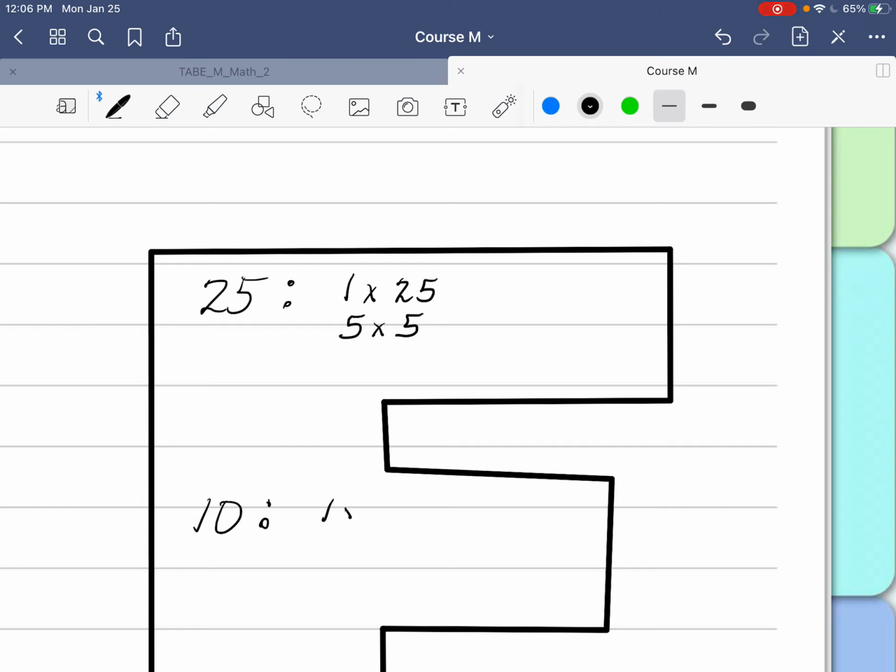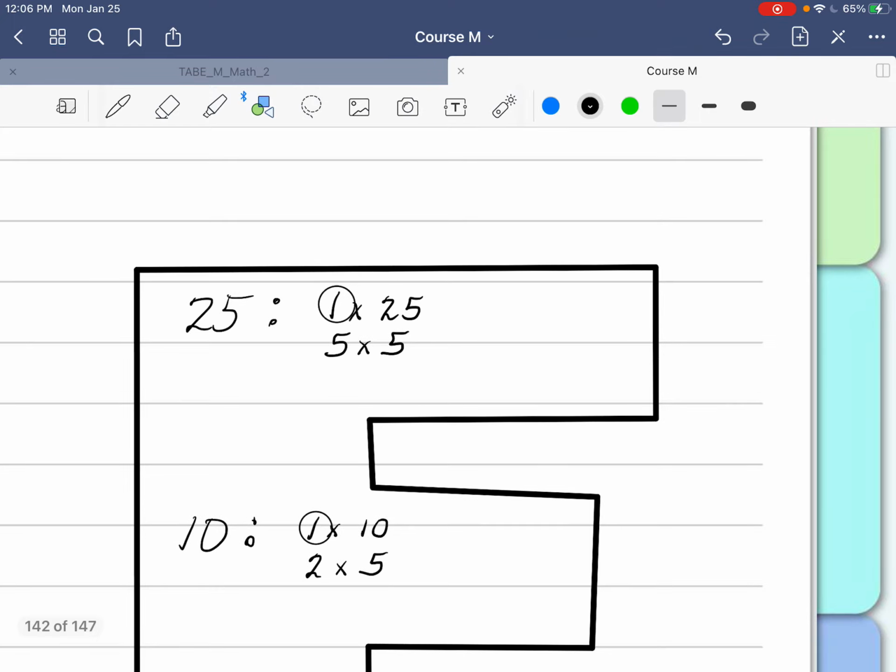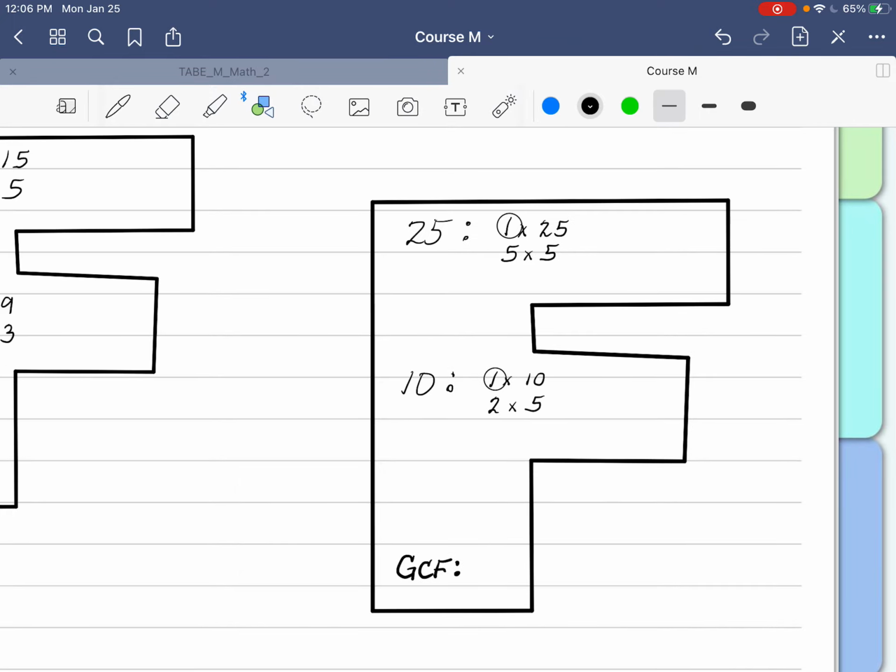Let's do 1 times 10 and 2 times 5. So circle the commons. The 1 will always be in any number. It doesn't matter what the number is. But the 5 is also in there as a common factor. So of those two, the 1 and the 5, the greater one is the 5. Okay.